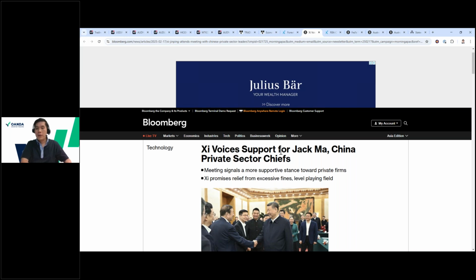Based on yesterday's meeting chaired by the President himself with the leadership of various key private sector companies in China, it indicates that the top leadership is now reverting back from talking about common prosperity to a more entrepreneurial mindset, which is required to get China out of this ongoing deflationary risk spiral.